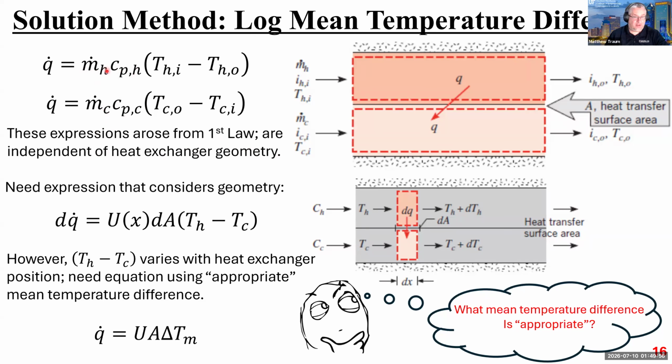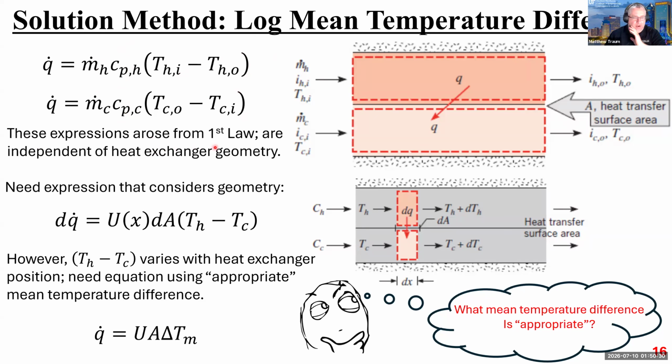That'll end up being very useful later because, for example, they'll give us three of the four temperatures and ask us to solve for the last one, and then they won't give us any geometry, right? But it doesn't matter. You don't need the geometry. You just set these equal to each other because they are equal. And if you know the mass flux rate and the specific heat of the fluids, you can calculate what that last temperature is, right? So we're going to use that in the example that I'll give you at the end.